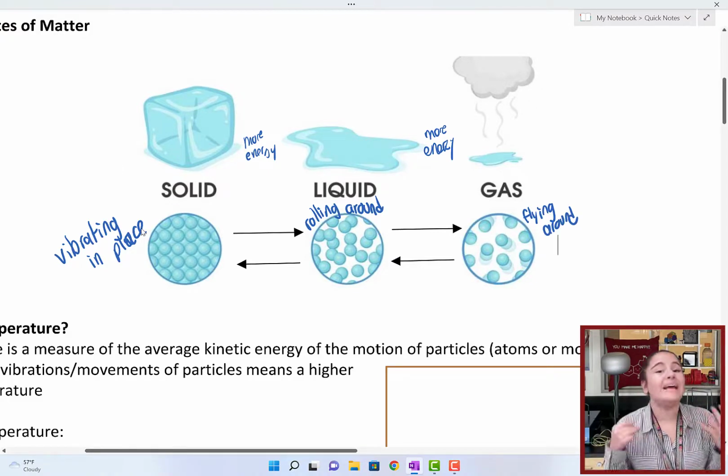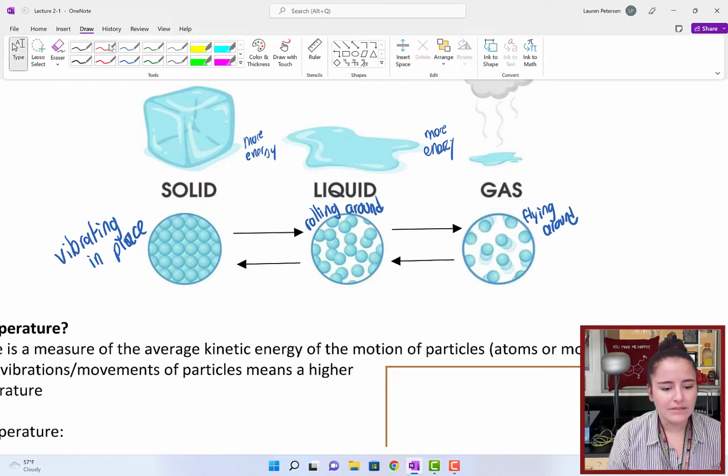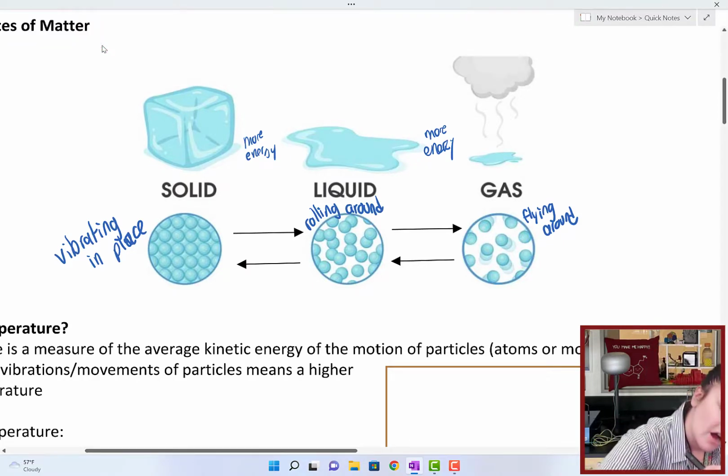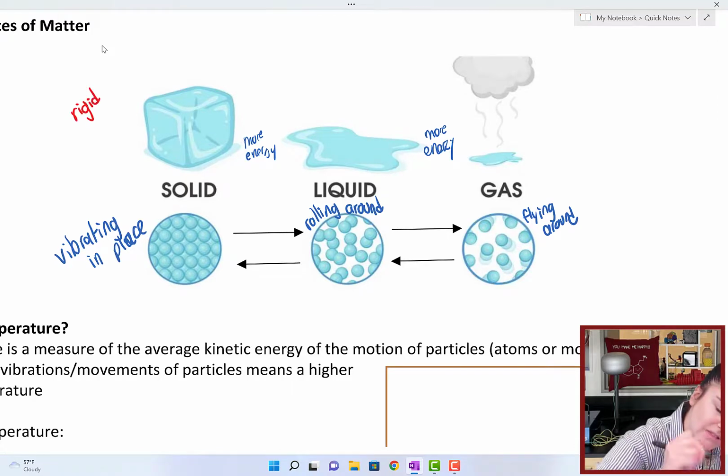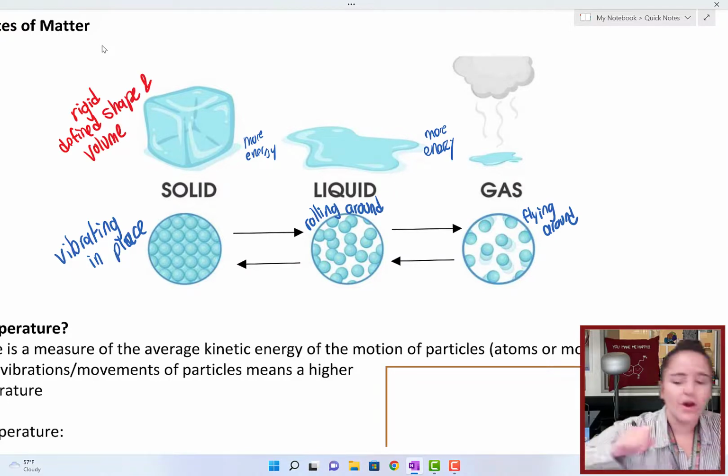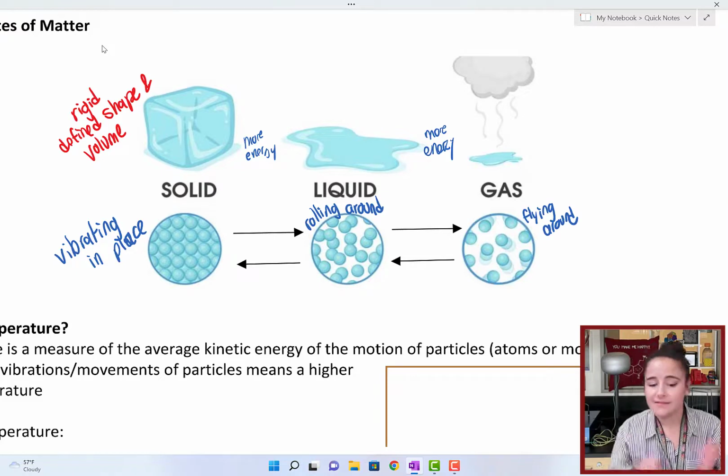Because of these interparticle interactions, because all of these ones are touching and interacting, and then these ones are not really interacting, that gives solids, liquids, and gases some of their properties. Solids are rigid, and they have a defined shape and volume. They're always going to take up the same amount of space.